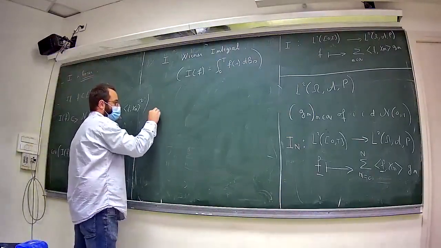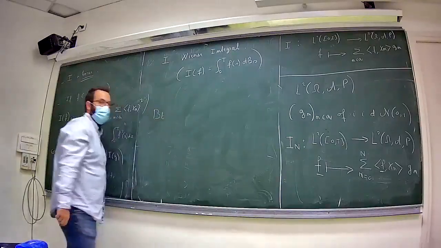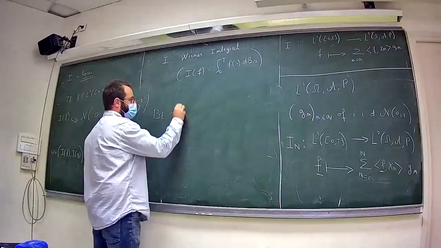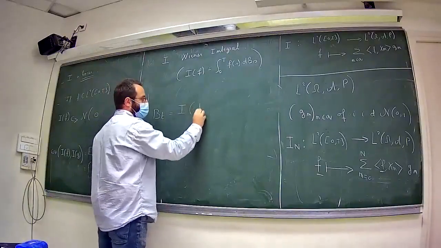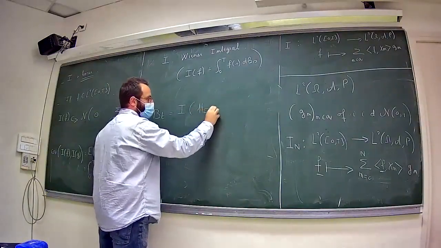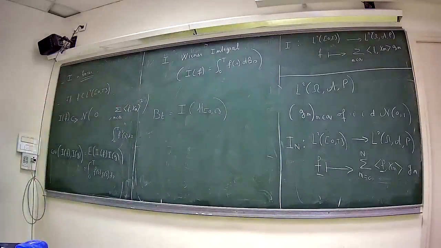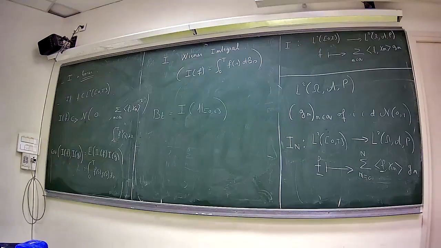I define B_t as I of the indicator function of the interval [0,t]. So it's a definition that I propose, okay?